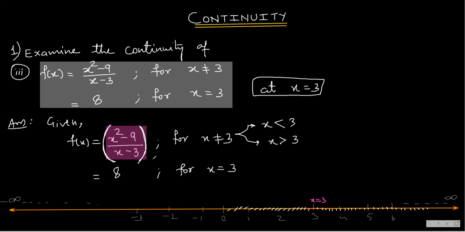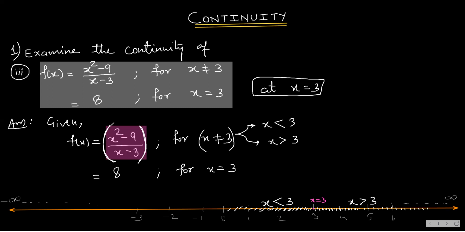I understand x not equal to 3 is all the numbers on the left of x equals to 3 and all the numbers on the right of x equals to 3. So x not equal to 3 is nothing but x less than 3, x greater than 3. Only one number is x equal to 3.